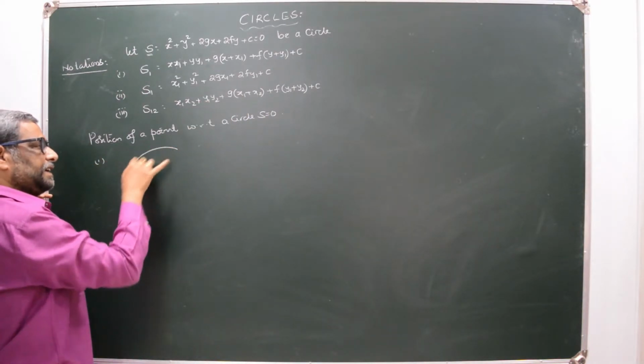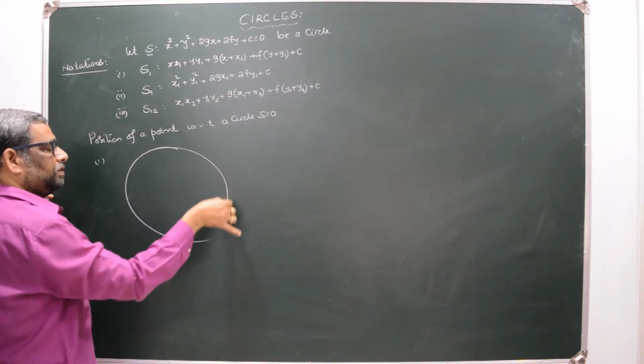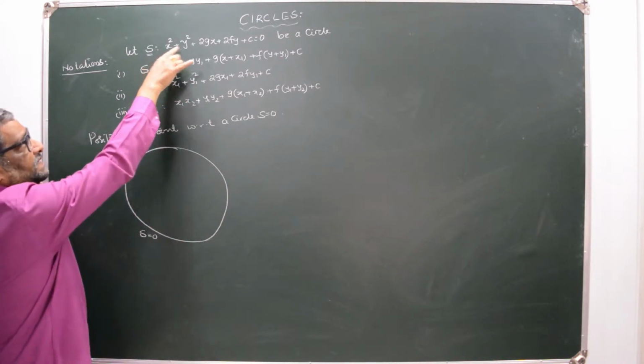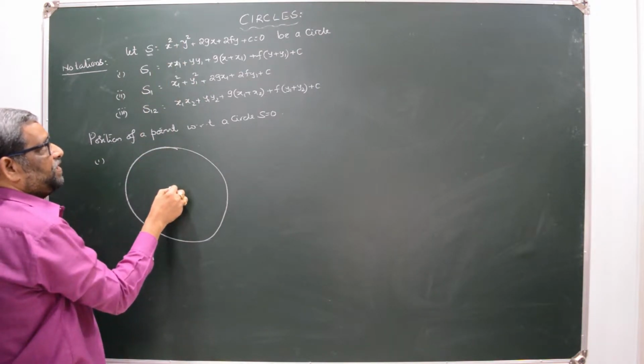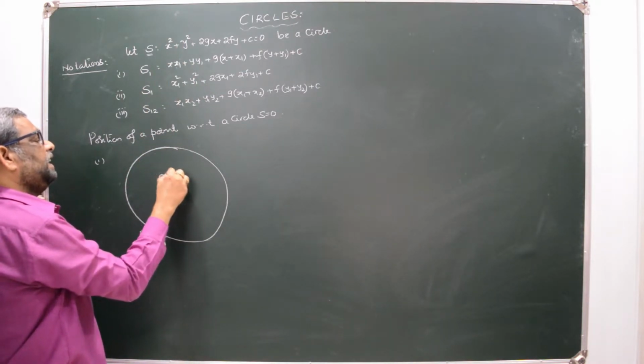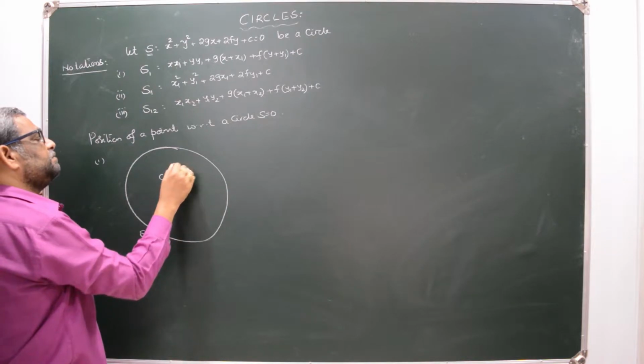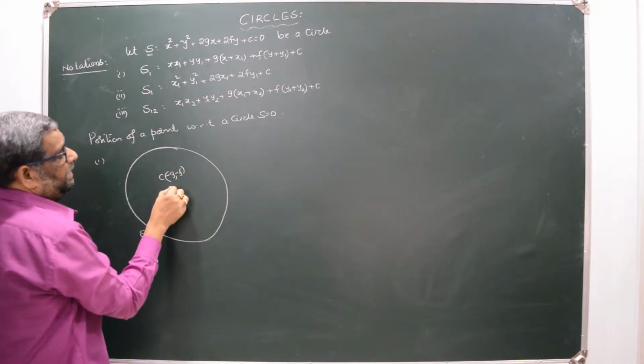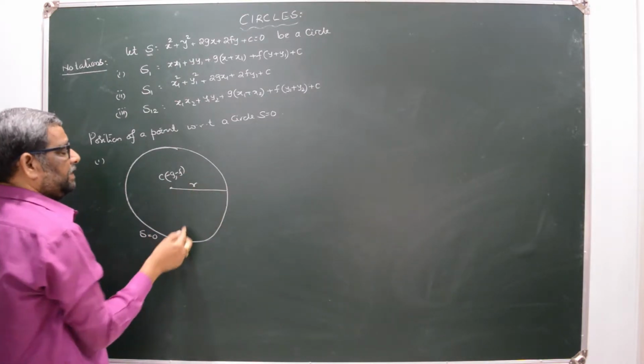I will consider a circle. Let the circle be S equal to 0, that means x square plus y square plus 2gx plus 2fy plus c equal to 0. Now the center of the circle is (minus g, minus f). The radius is r.